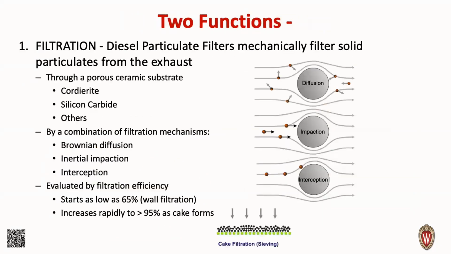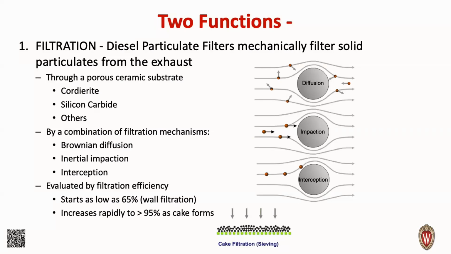The two functions of a diesel particulate filter are filtration and regeneration. First up, filtration. The filter mechanically filters the solid particles from the exhaust. Again, the gas has to go through the wall. The gas can go through the wall, but the particles get trapped in and on the wall. There's a variety of different filtration mechanisms that happen there.